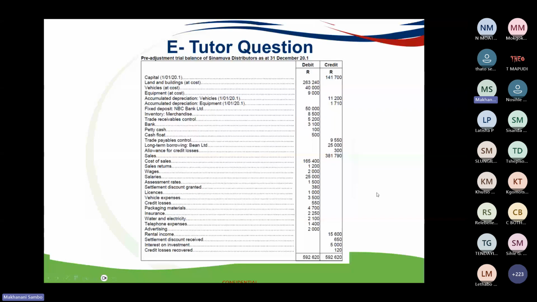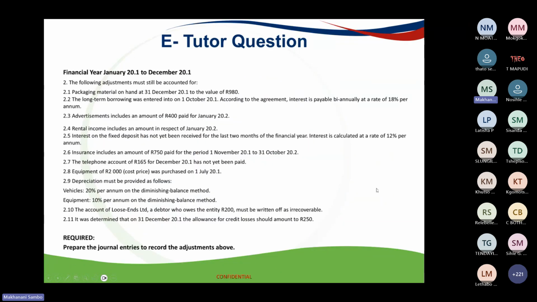We'll be covering about 11 adjustments, just for the principles, for you to understand. I'll cover the first 5 adjustments, and then the next E-tutor will cover the remaining transactions.